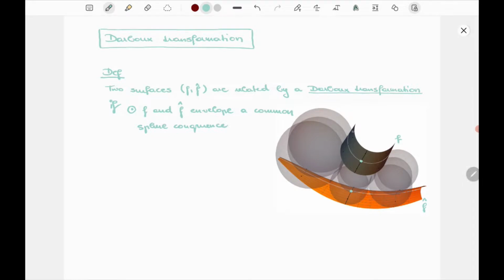And our condition is then that if we move along one curvature line on one surface, then the corresponding points on the second envelope also lie on a curvature line. So f and f hat envelop a common sphere congruence such that curvature lines correspond.